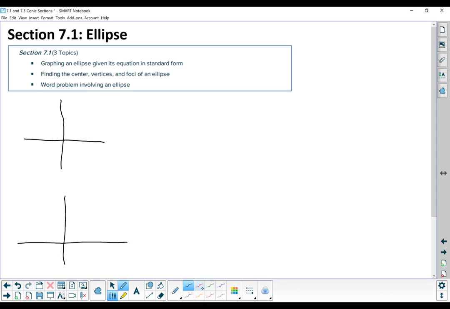You are very familiar with circles. So I might have a circle with a center at (4, 1) and maybe it has a radius of 3. My circle might look something like this.